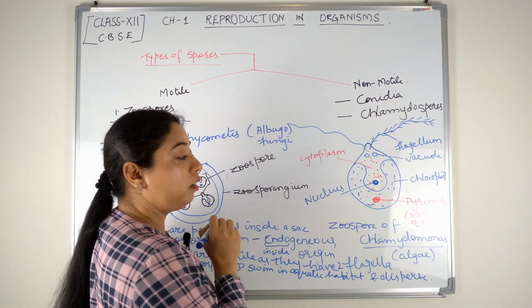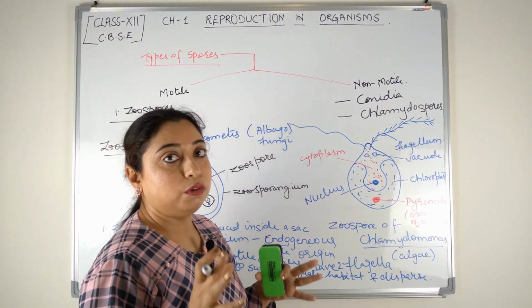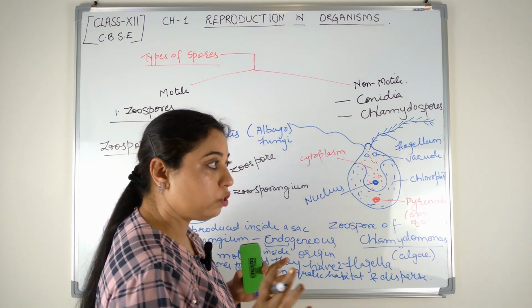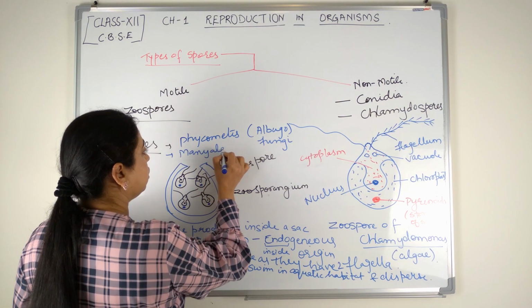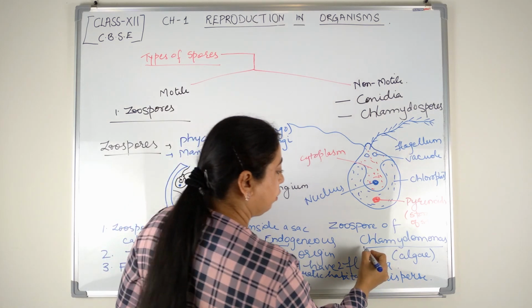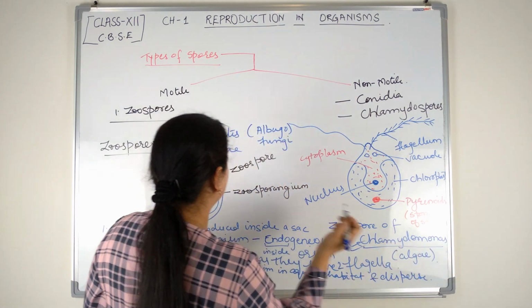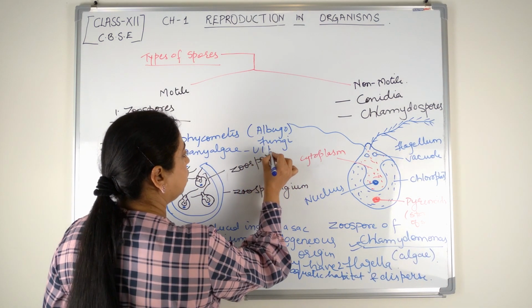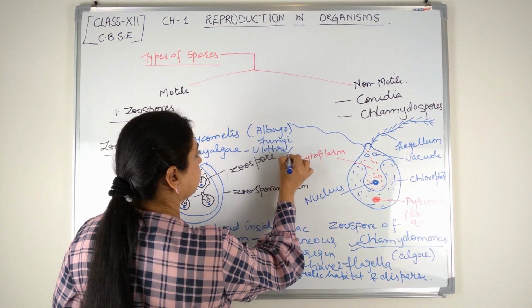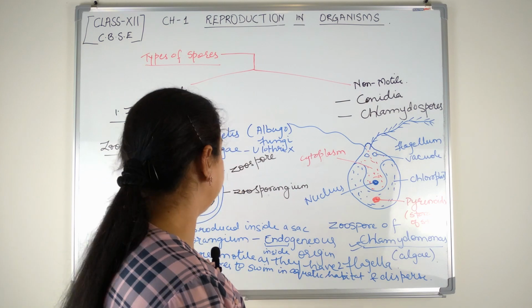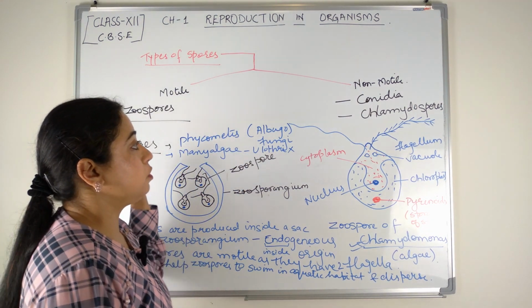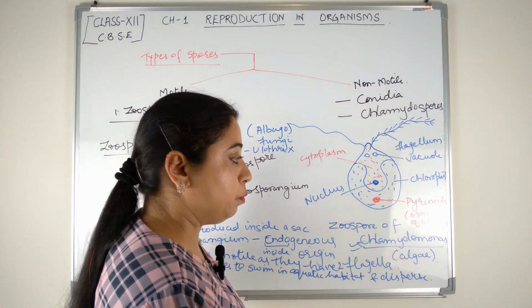Zoospore formation is a very common mode of asexual reproduction in many algae. One example I've already mentioned is Chlamydomonas. Other than that, we have Ulothrix as well, which is also a type of alga. So this is about the zoospore, which is a motile spore.